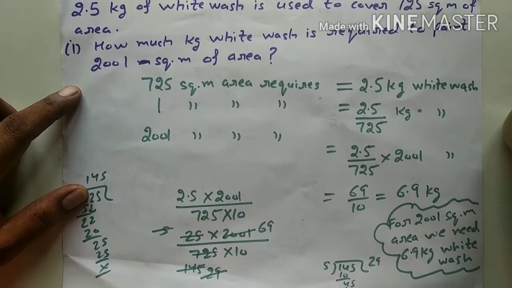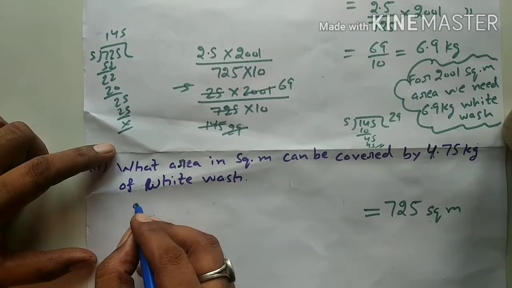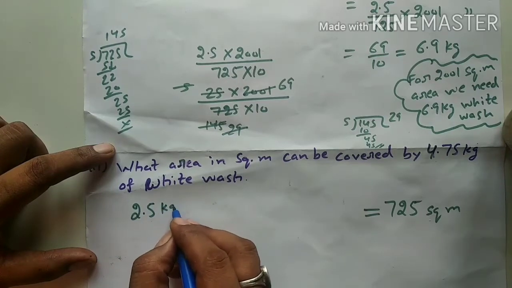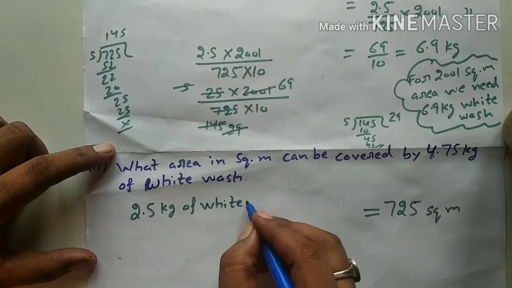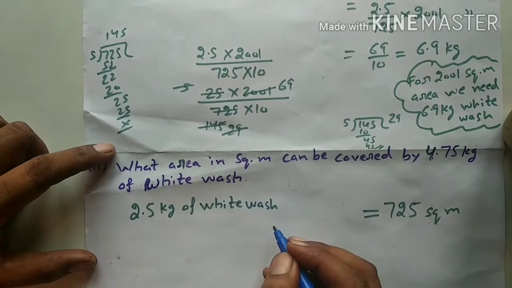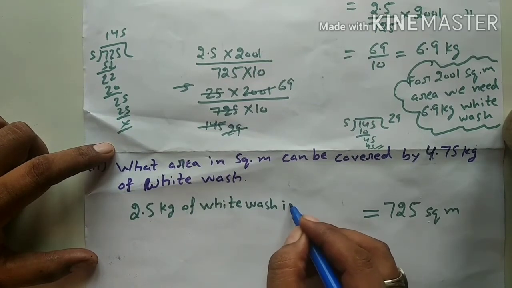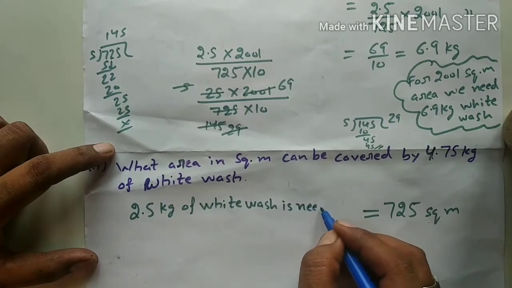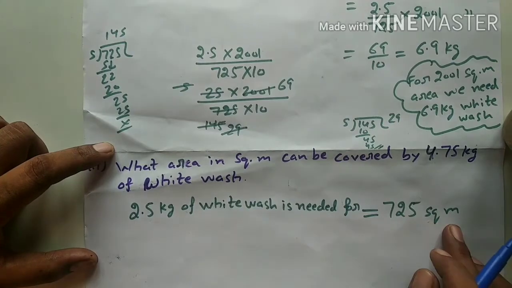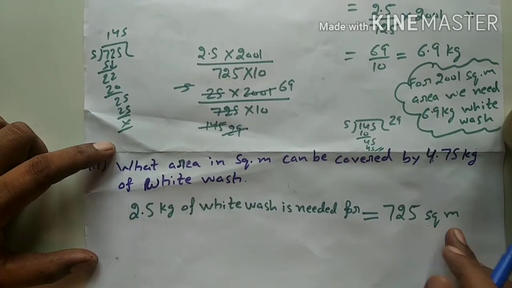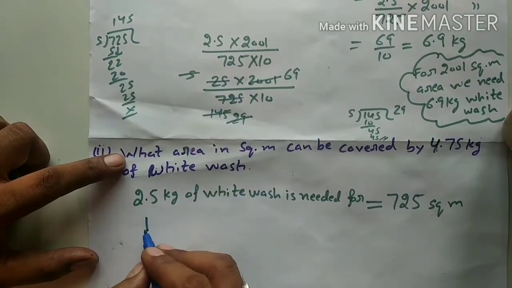Now write the statement that 2.5 kilogram of whitewash is needed for 725 square meter area. Okay, now in the unitary method, what we will do, I will write this one.